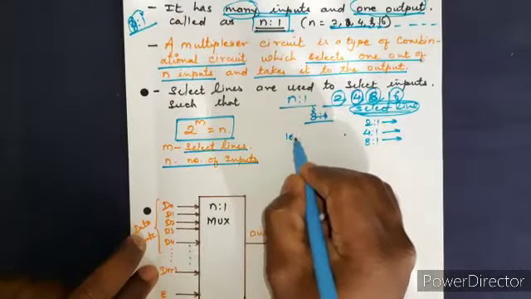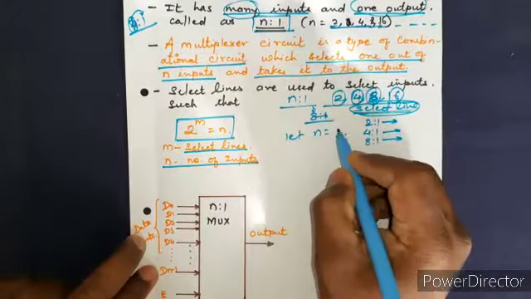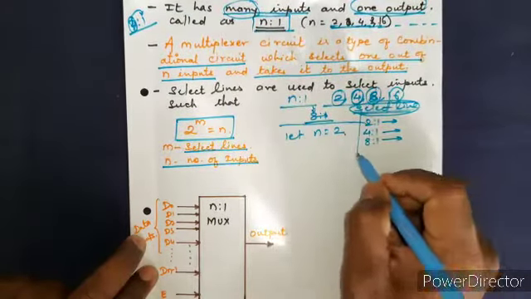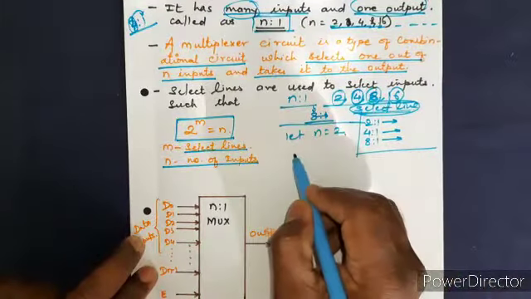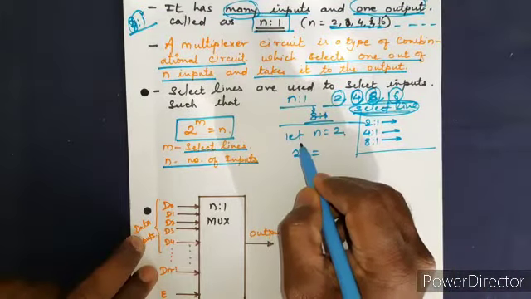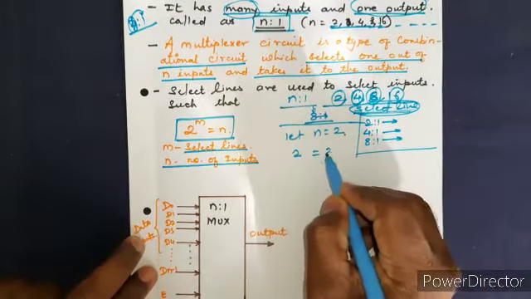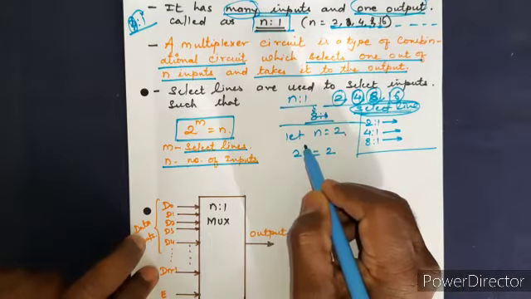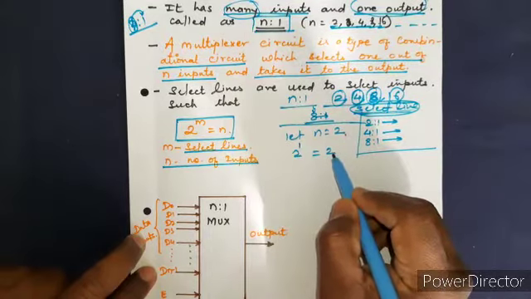Now let n equal to 2. So 2^m equal to 2. So 2 to the power what should be 2? 2^1 is 2.